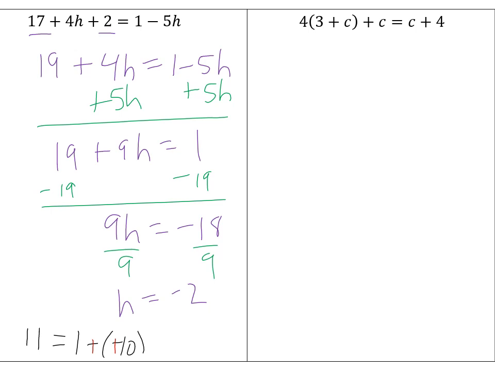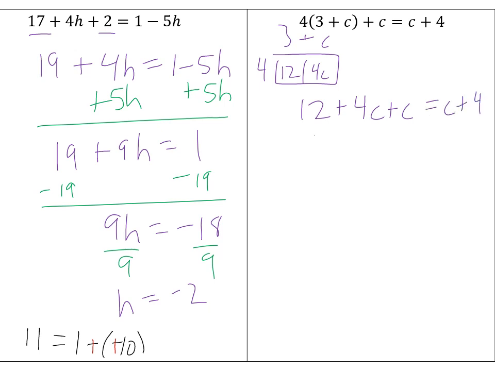Okay, on the second one, we've got some parentheses, so I'm just going to write off to the side here. We got 4 times 3 plus c. That gets us 12 and positive 4c, so we can write that as 12 plus 4c plus c equals c plus 4.